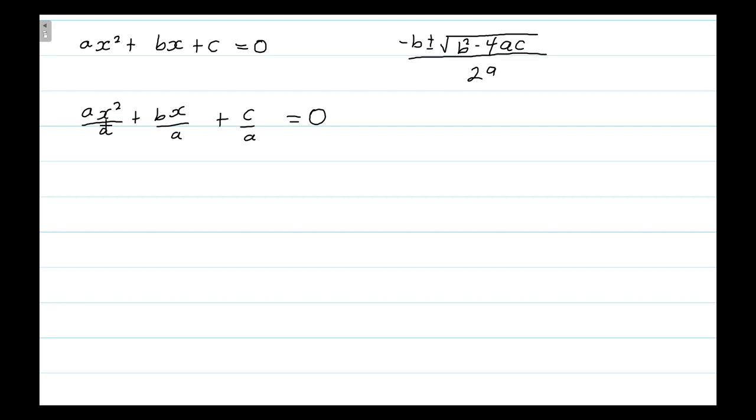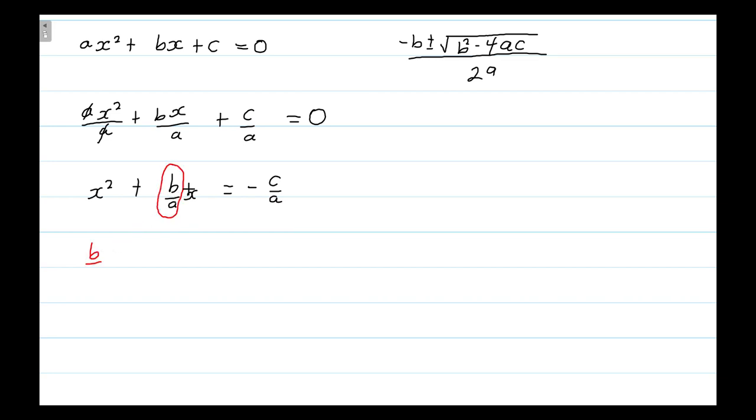So a will cancel a, leaving x squared plus b over a x. We move c over a to the right hand side of the equation, so that is equals, it is positive here. When we move it to the other side of the equation, it becomes negative, so minus c over a.